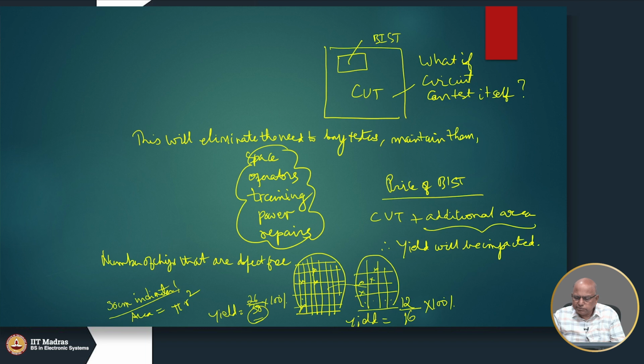It impacts the yield. What else? When you add extra area or extra gates, your power dissipation will also go up. So that is the other negative impact. Then the design of the chip will be more difficult. Design effort will be higher.